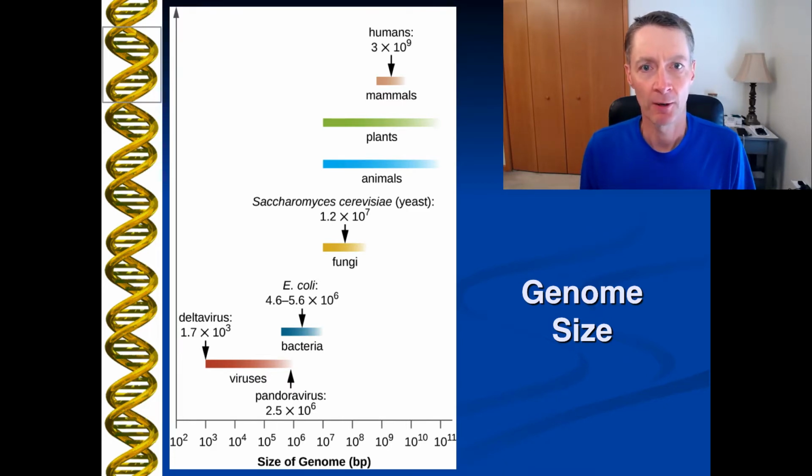At the top of our list here, we've got humans with 10 times 10 to the 9 base pairs, the nucleotide pairings that are in the DNA, and then we have all the way down to 4 or 5 million base pairs when you have E. coli, and of course viruses can have a much smaller amount of genetic material because they depend on host cells to do most everything. But viruses like HIV is only, I think, 9 genes total, okay?